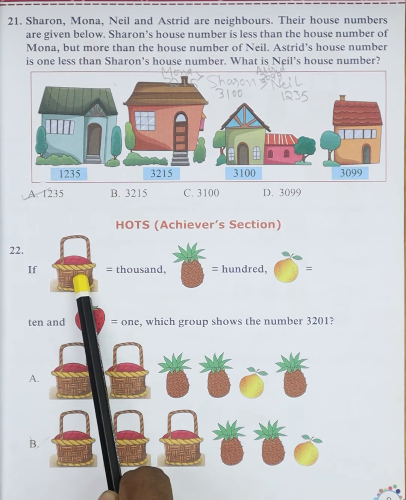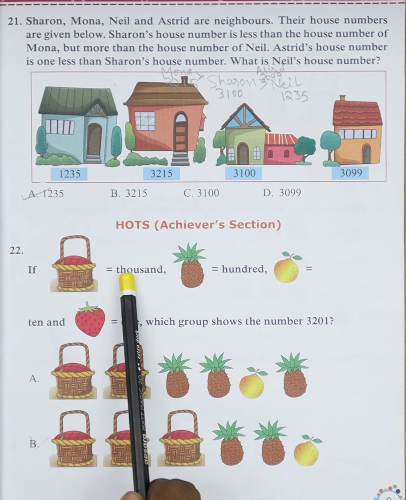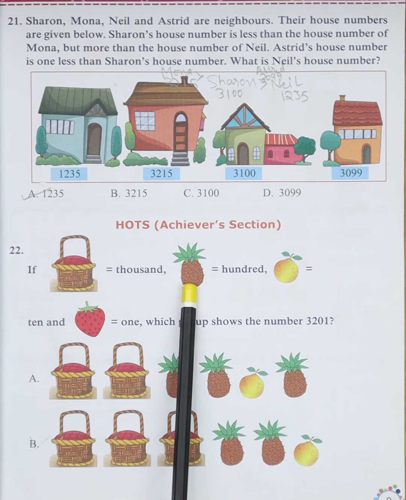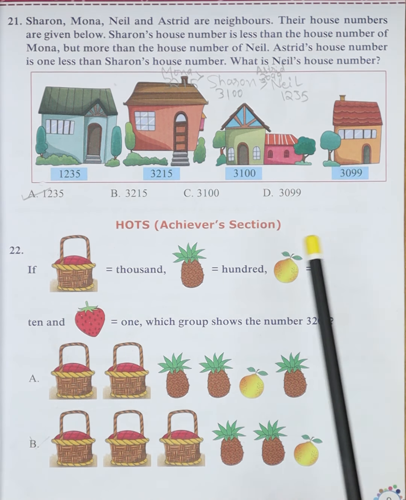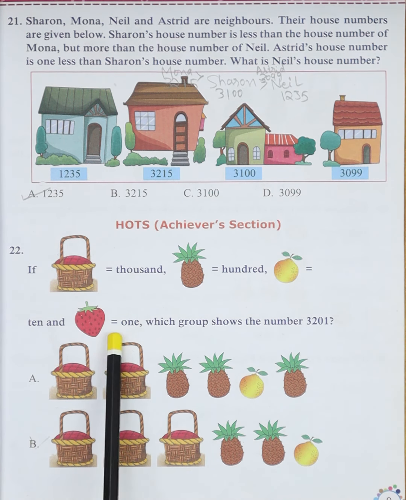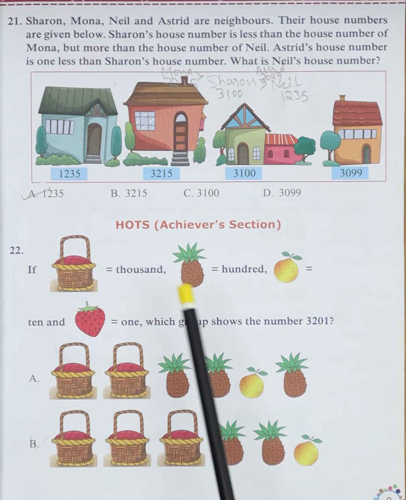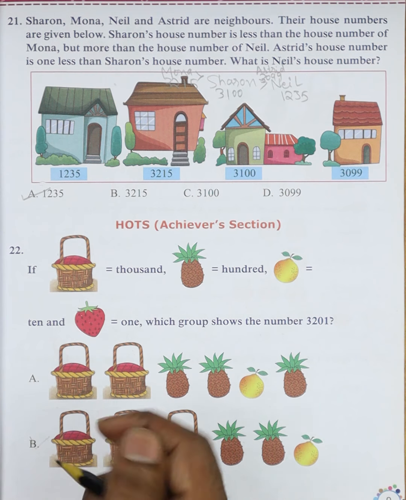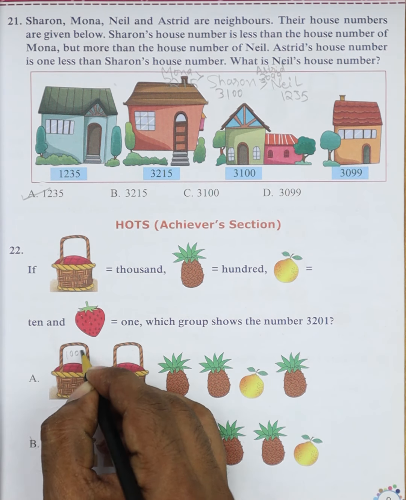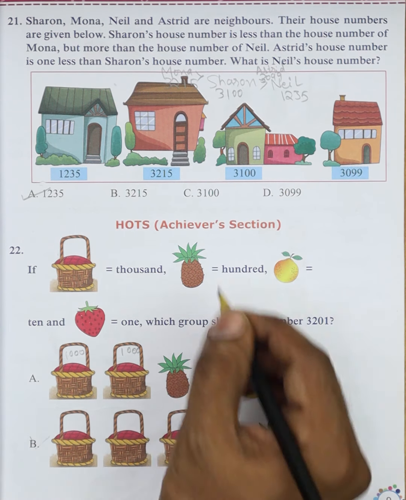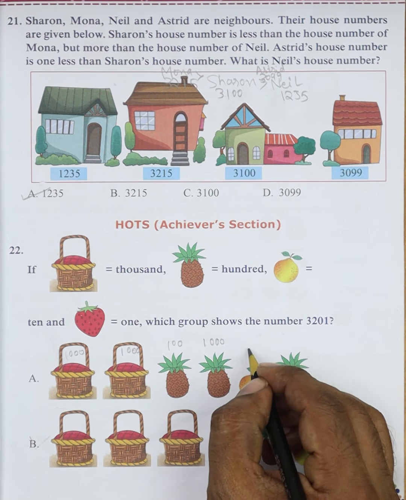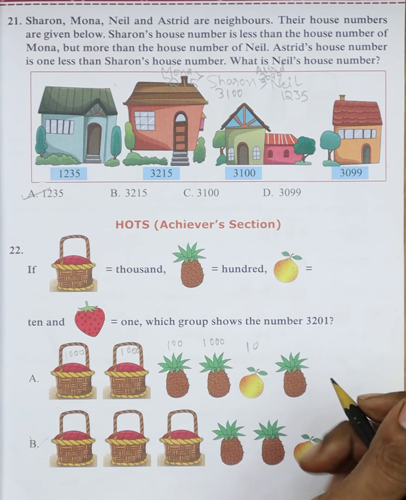Alright, so if a basket, which has some fruits, equals 1000, a pineapple equals 100, a mango equals 10, and a strawberry equals 1, which group shows the number 3201? So we have 1000, and this one is 1000, the pineapple is 100, and this is a 10.